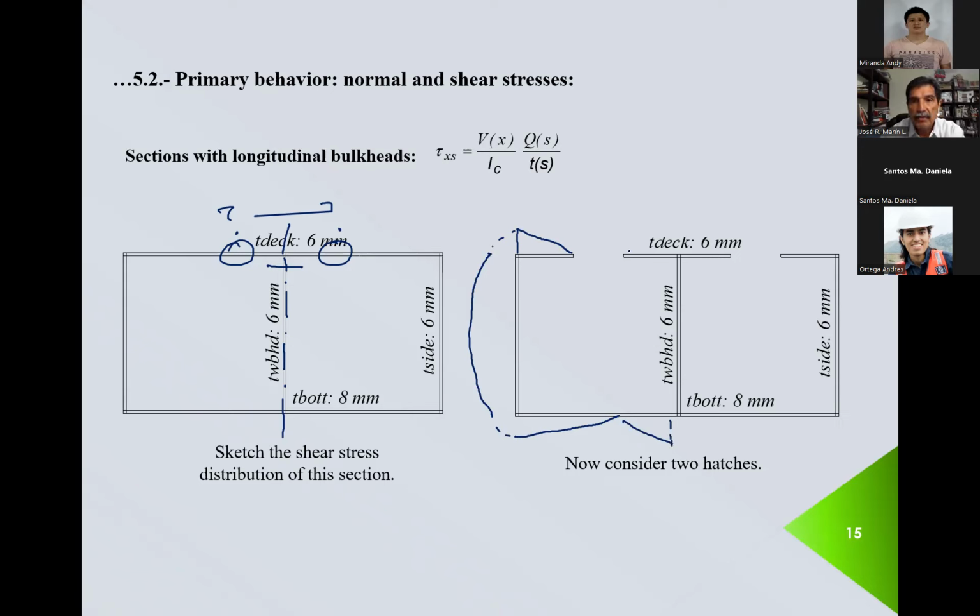In this direction, the shear flow will go like this. The shear flow will go like that. In here, I have the summation of these two. So it's going to be like that, and then we will have this. We can do something similar for the other side. So we could solve this problem completely.